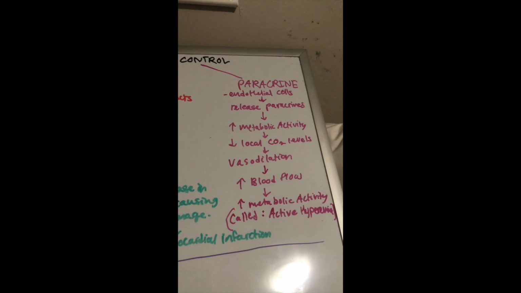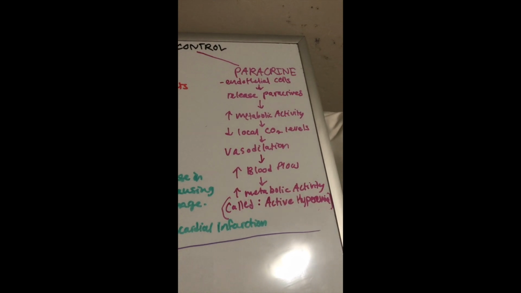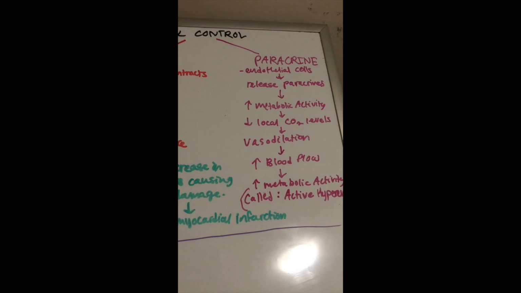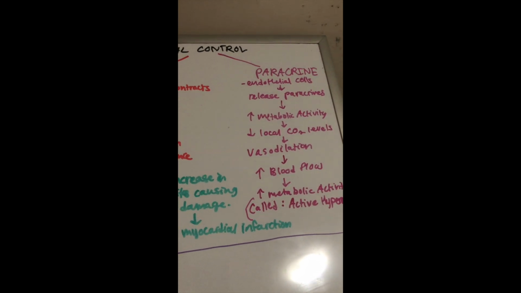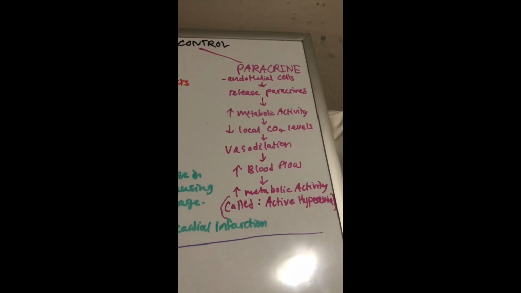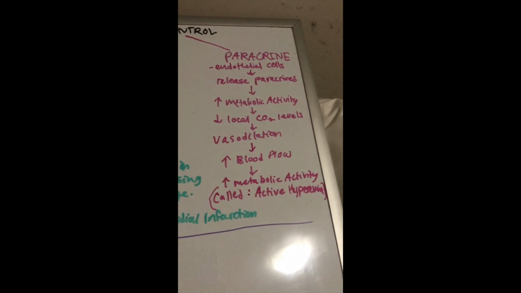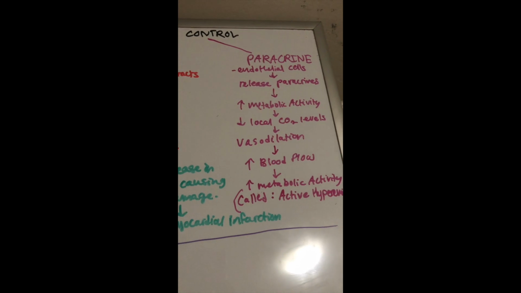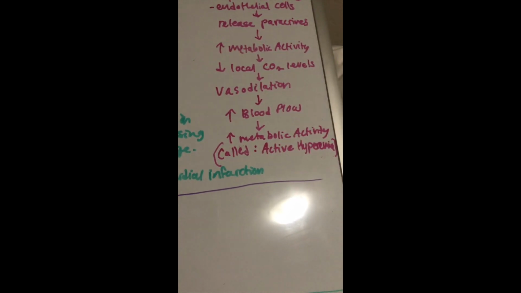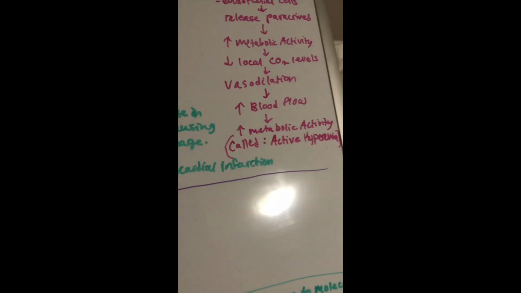This then causes vasodilation, which then causes increased blood flow because your body's freaking out that you're not getting enough oxygen. So it's like, vasodilate. And then our blood flow increases. And then this in turn, once again, increases metabolic activity. So these two kind of cause this scenario to go on and on. Anyways, this is called active hyperemia.